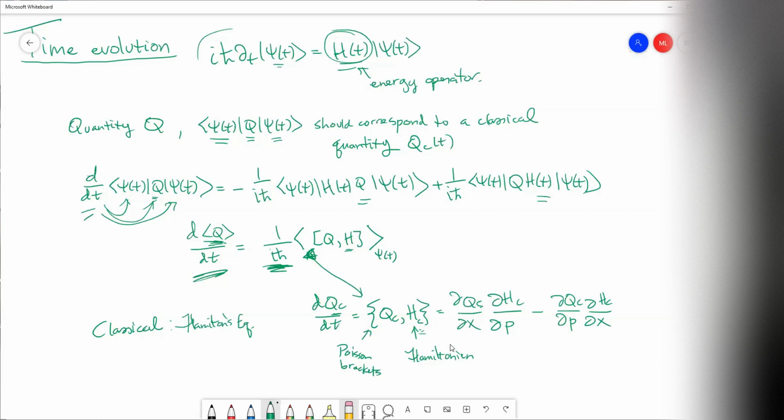That's why I don't really spend much time on it, or on talking about Poisson brackets. But if you wanted to know, one way of arguing that H has something to do with the energy operator is by connecting it back to classical mechanics and seeing that this equation of motion should correspond to Hamilton's equations, where it's a Poisson bracket with the Hamiltonian, which is, you know, the energy.